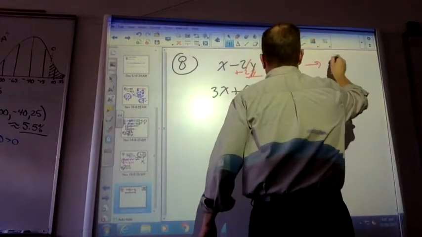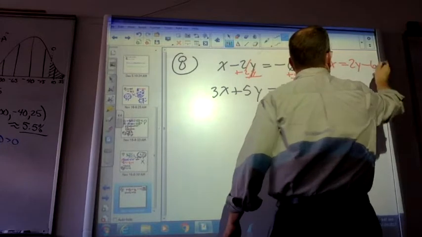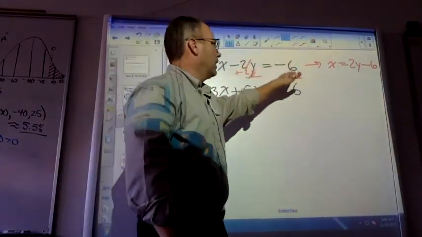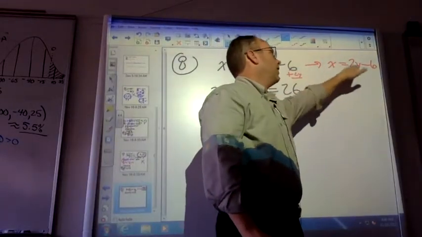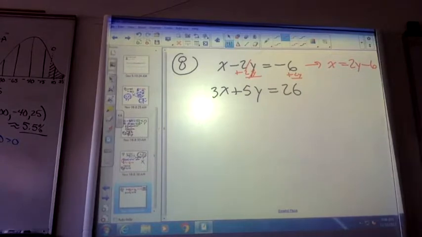That's going to give me x equals 2y minus 6. Is this x minus 2y equals negative 6 an equivalent form of this? Yes, what I did to one side, I did to the other. It stayed balanced. So now, quick question. I now modified the first equation. Do I have x equals or y equals?